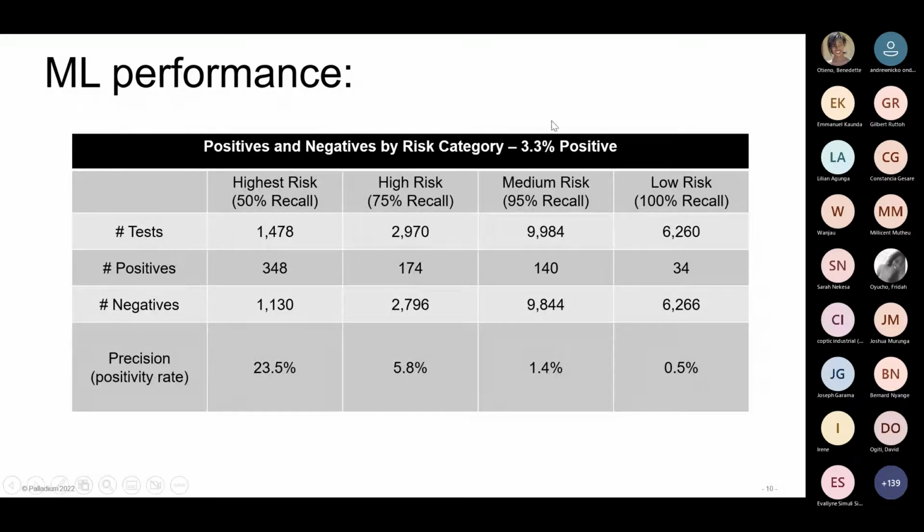So what this shows, for example, is we have 100% recall, which means everyone who was placed as low risk was a true low risk, in which case, if it's recommended do not test, you do not need to bother with the testing. So that drops down all the way to highest risk.